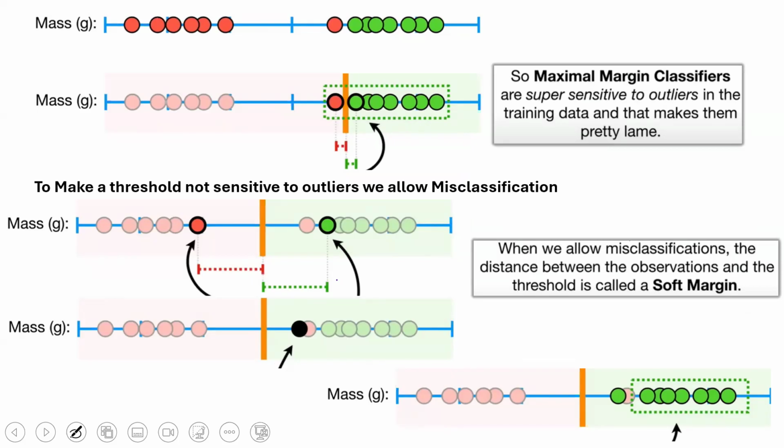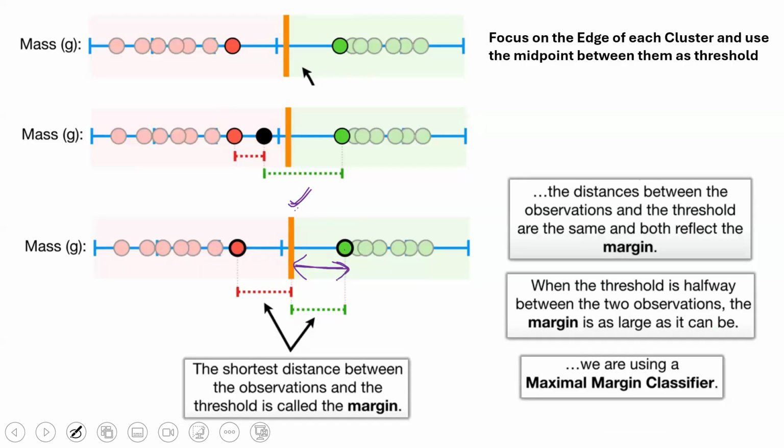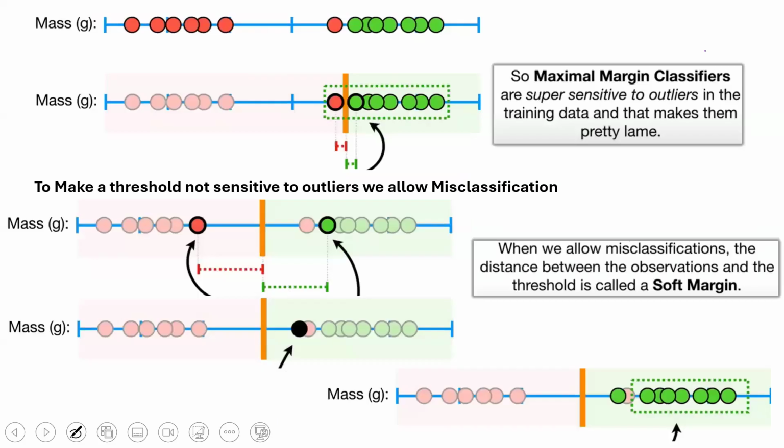Now consider this case. We are trying to find the edge points in both classes, the edge of each cluster, and then find the midpoint between them. If you consider this case, this is an outlier.